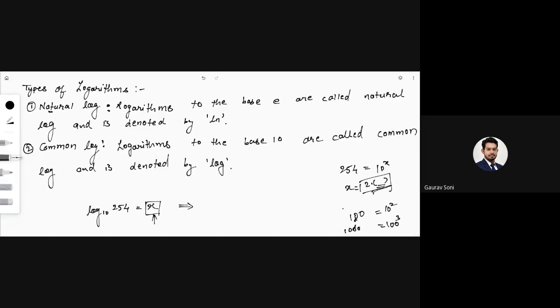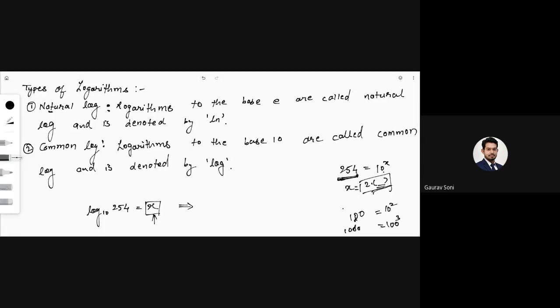Just like I need 2 raised to some power to become 254, I need a power of x so that my answer will become 254. You just understand what I'm saying. I need a power of 10 so that it will become 254.